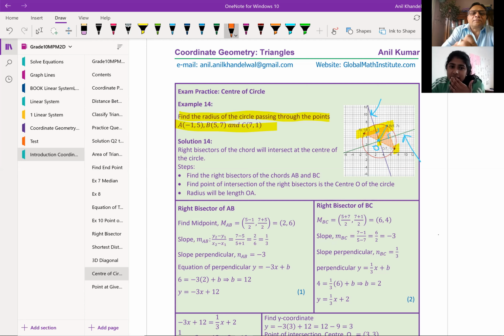Strictly speaking, this question should be: find the center of the circle, then the radius, right? That makes sense. Now, in this particular example, the way the values are taken, the 2 points are right across. They form a diameter, so you could find the midpoint of the diameter also.